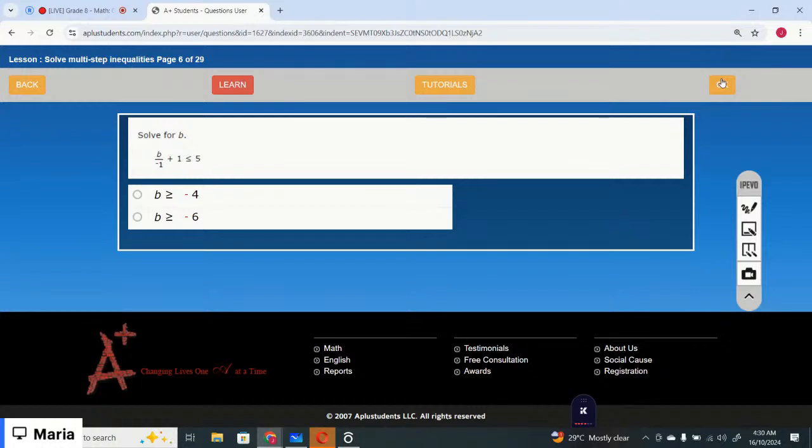Okay, solve for b. b divided by negative 1 plus 1 is less than or equal to 5.